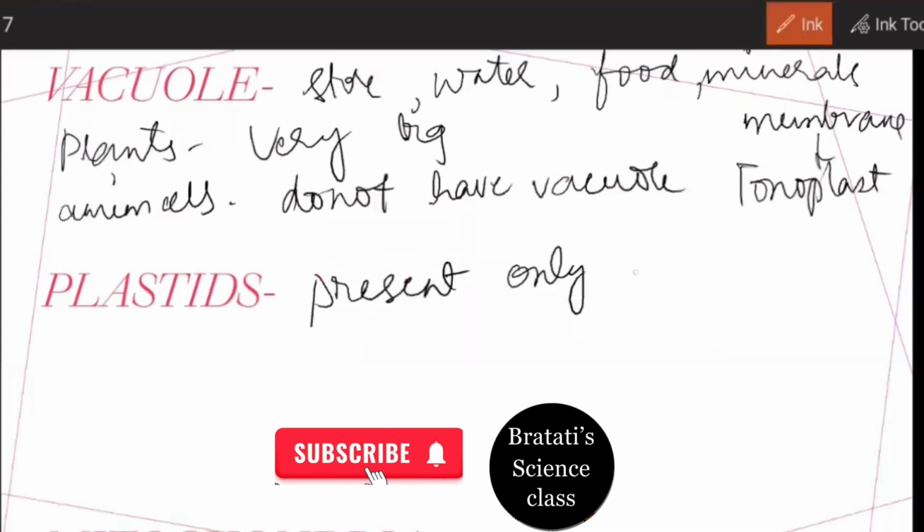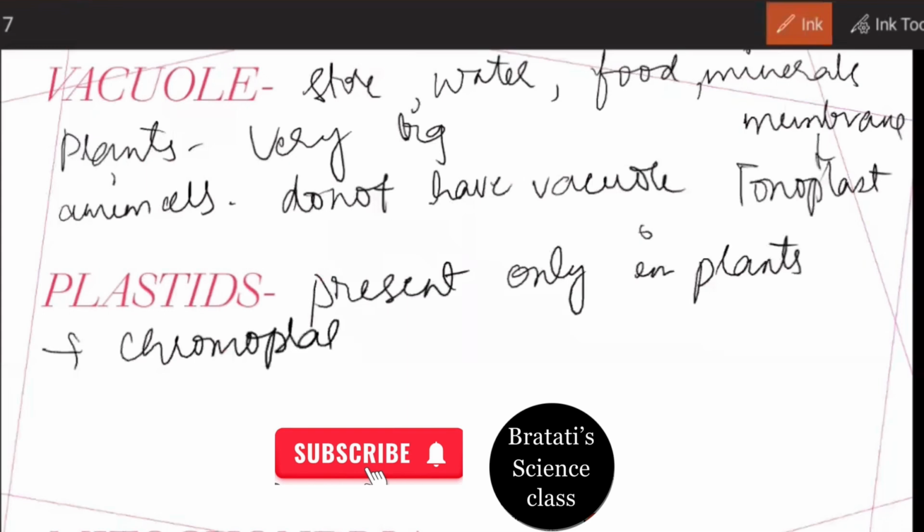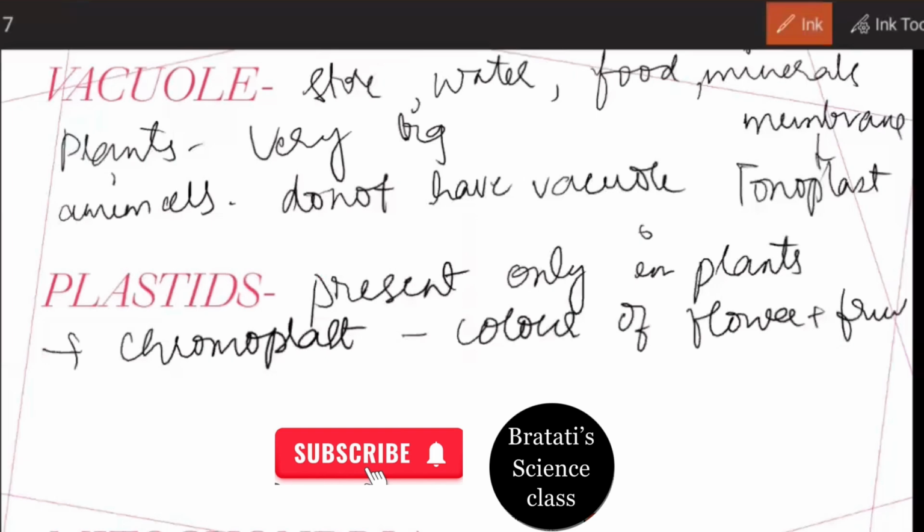Now plastid is present only in plants, not in animals. The plastids can be chromoplast, which is required to detect the color of flowers and fruits.